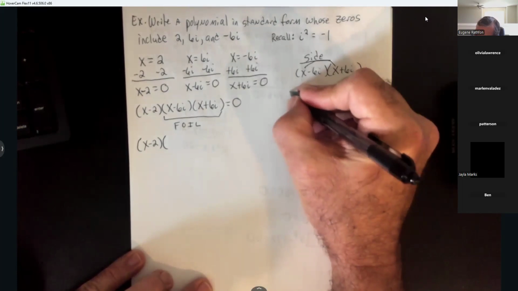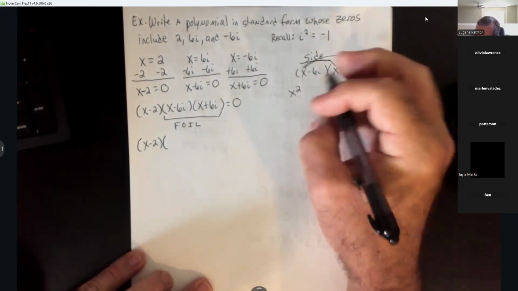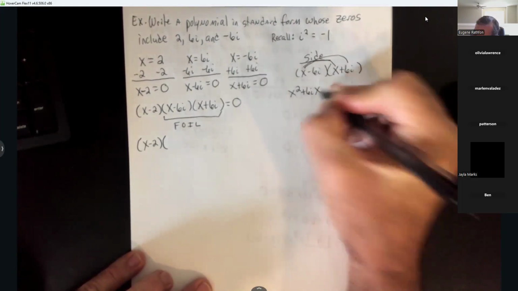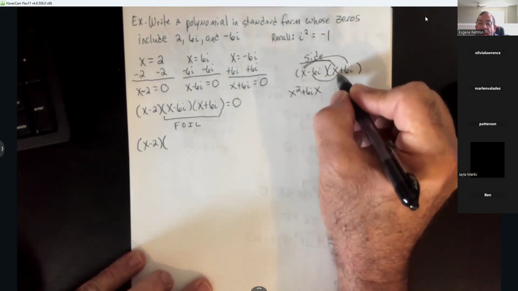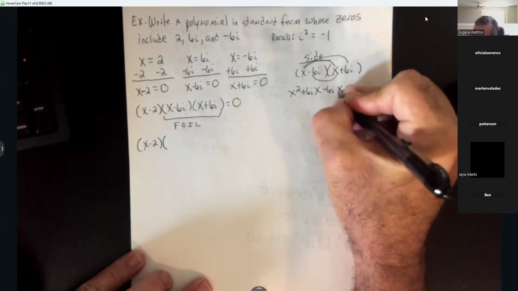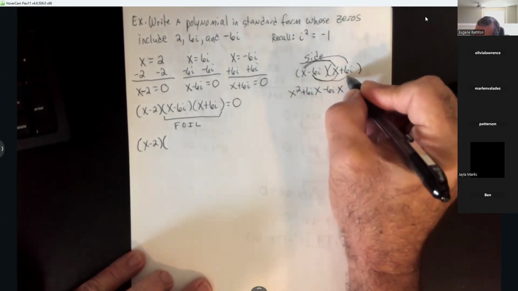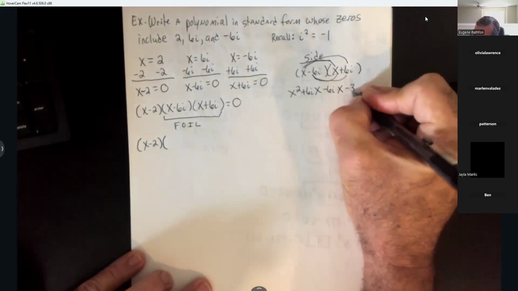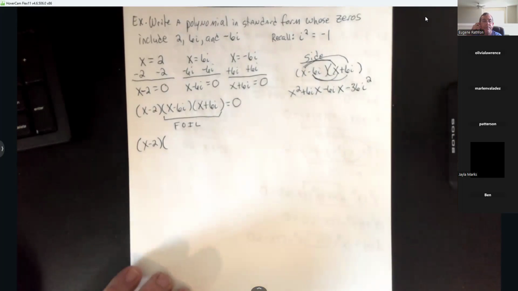X times x is x squared. X times 6i is a positive 6ix. Now I'm going to do the negative 6i times that x. I get negative 6ix. And a negative 6i times a positive 6i is a negative 36i squared.